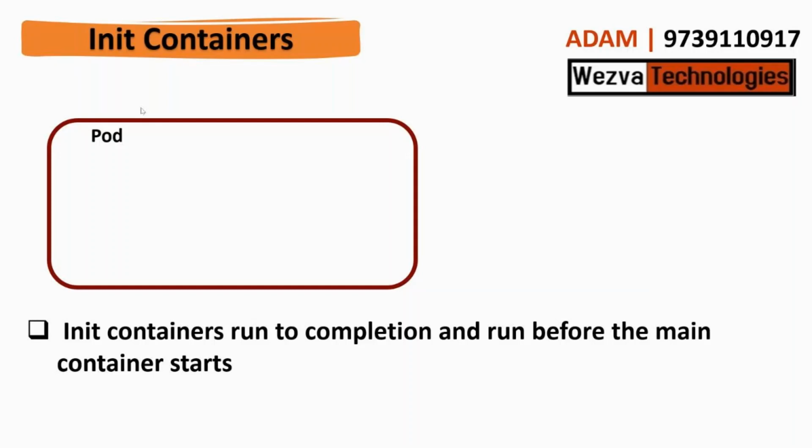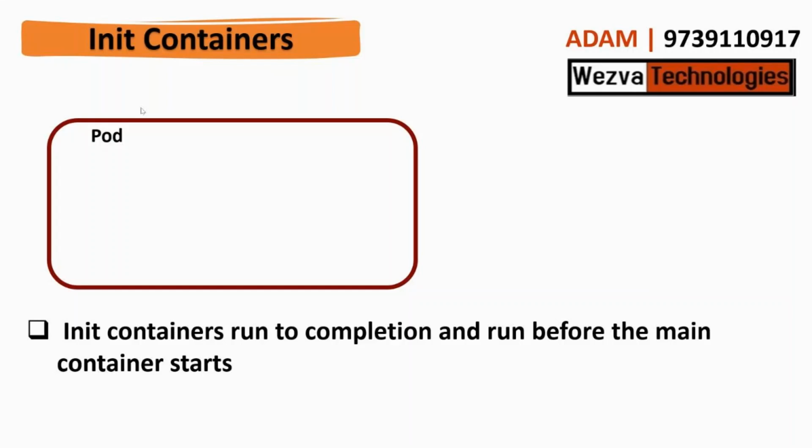So if you want all these things to be available before your main container starts, how do you do it? And you don't want to do it separately, because this should happen whenever your actual main container is started.